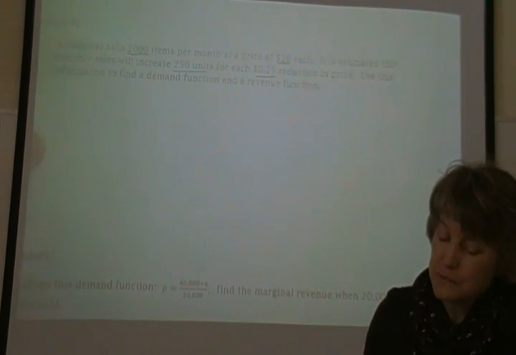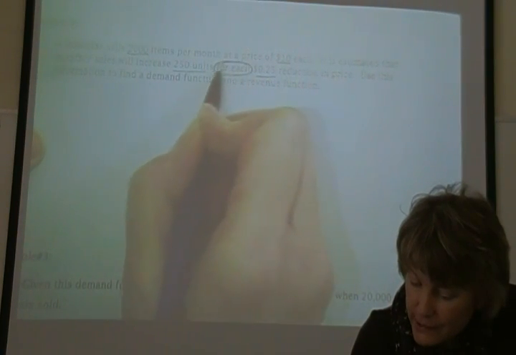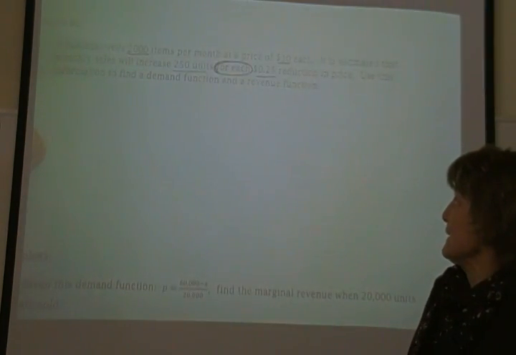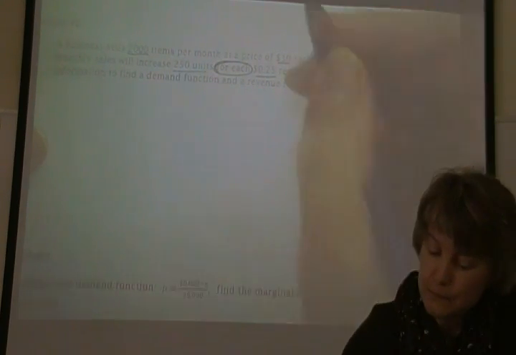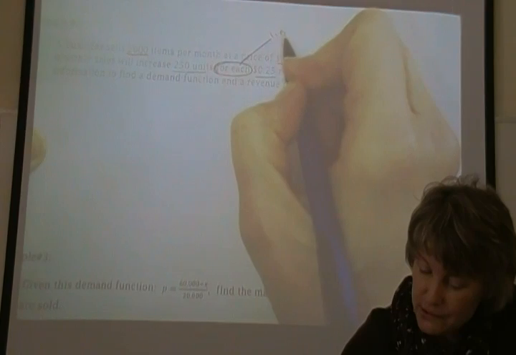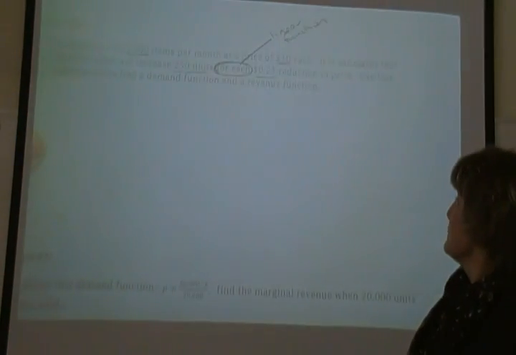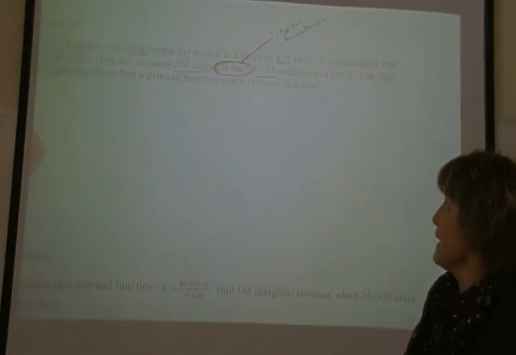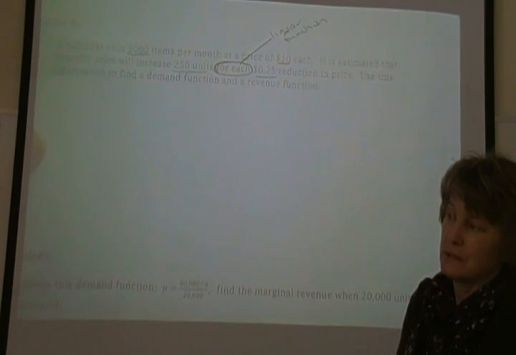Well, in terms of this problem, these two words are key. The words for each. When you see for each, it means that you have a linear function. Because it's saying that every time you drop the price 25 cents, you sell 250 more units.